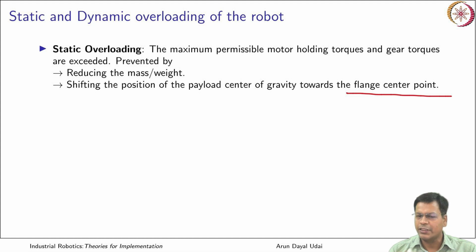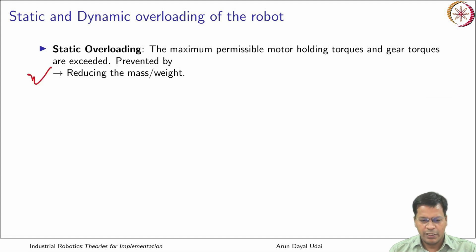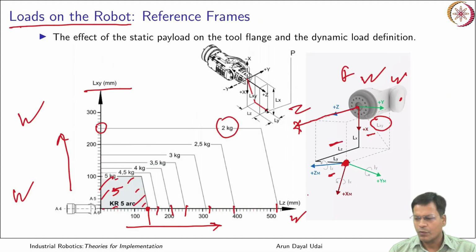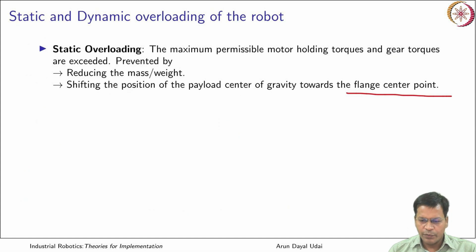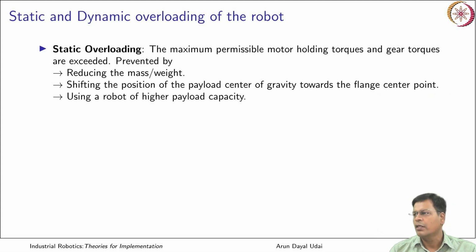You have seen it just now through the figure which I have shown you. So you have to reduce that offset distance from the flange, or you can use a higher capacity robot.